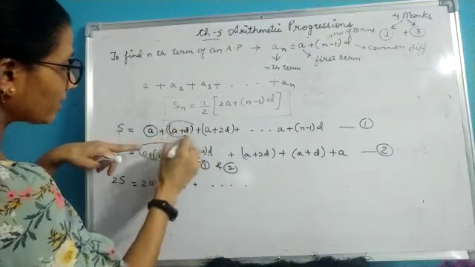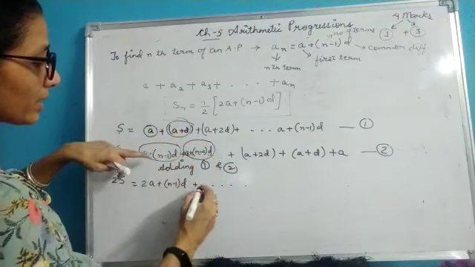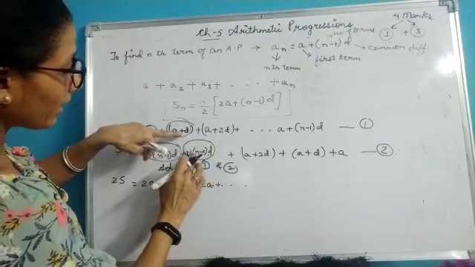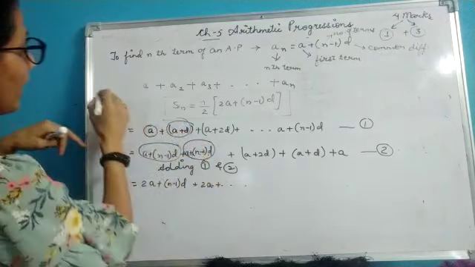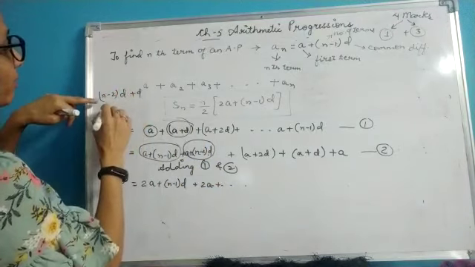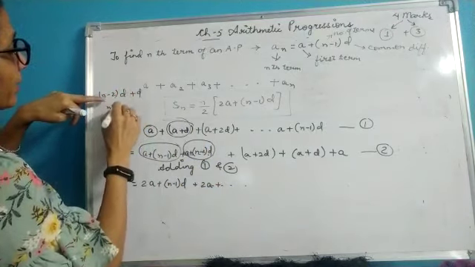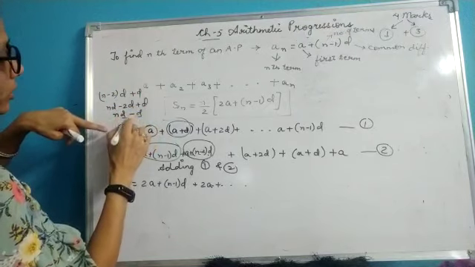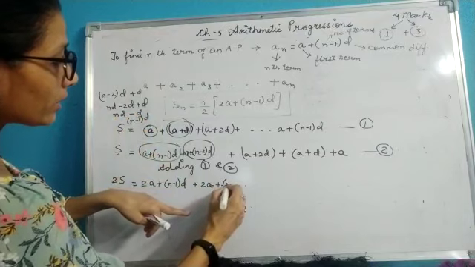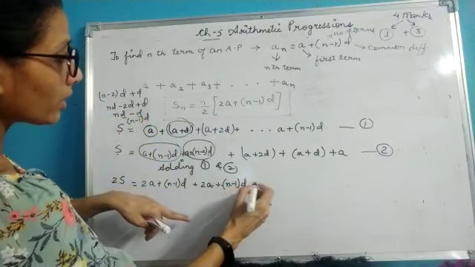So add this and this, you will again be getting a plus a will give you 2a plus n minus 2 into d plus d will give you nd minus 2d plus d, which gives you nd minus d, and d can be taken out, so again n minus 1 into d. So 2a plus n minus 1 into d, and so on.